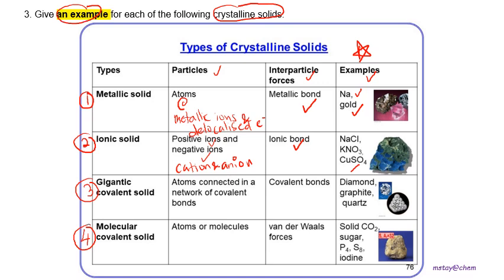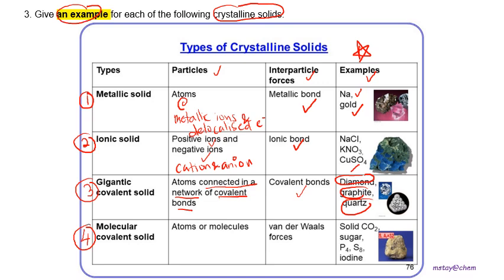Next one is the giant covalent solid, where the atoms are connected to each other into a network based on the covalent bond. So the type of intermolecular force will be covalent bond. Examples are diamond, graphite, quartz. The last type of crystalline solid is molecular covalent solid.